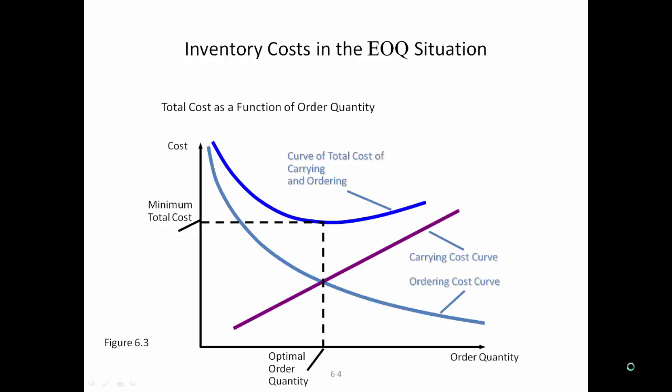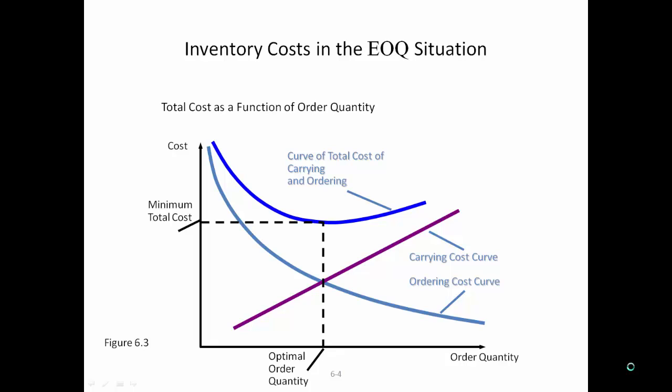Now, here's what it looks like from a graphical perspective. And remember that we're trying to minimize total cost. And the point where we minimize total cost is where the cost of carrying the items is equal to the cost of ordering the items.